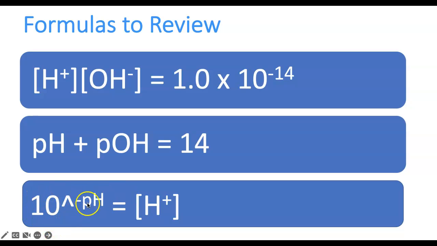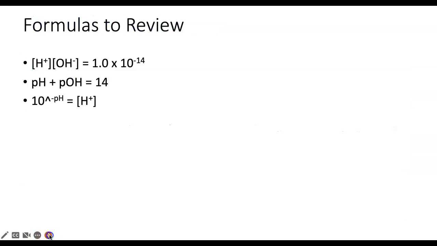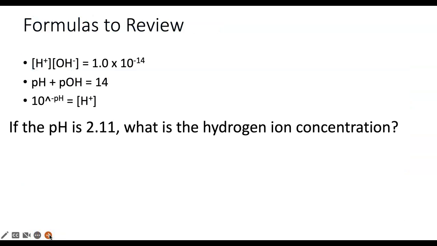If you are given the pH and asked to find the hydrogen ion or hydronium ion concentration, this last formula is the one that you want to use for that. And here we're asked it right here. See if you can figure out that hydrogen ion concentration.